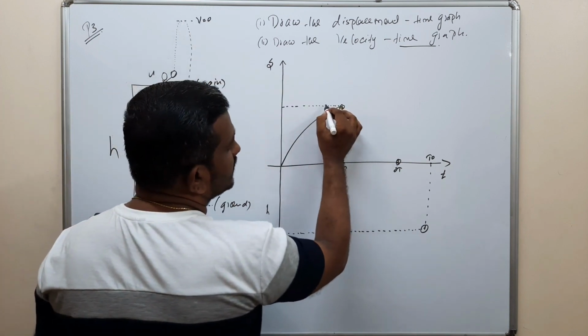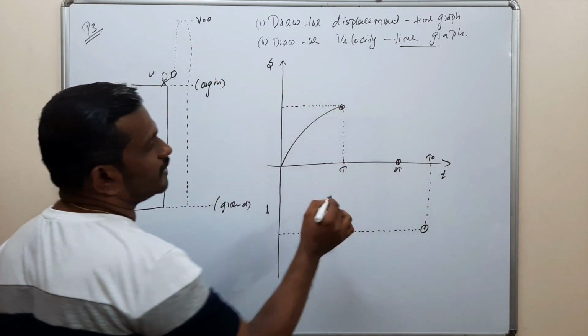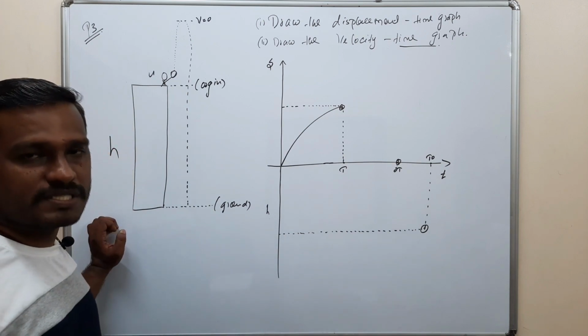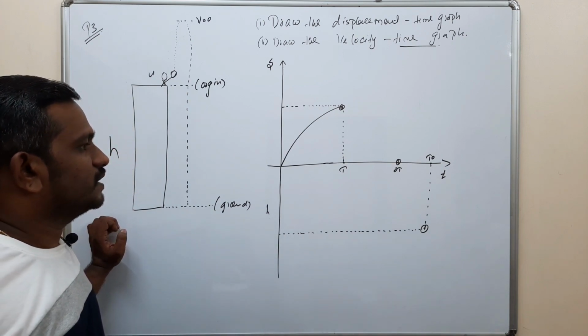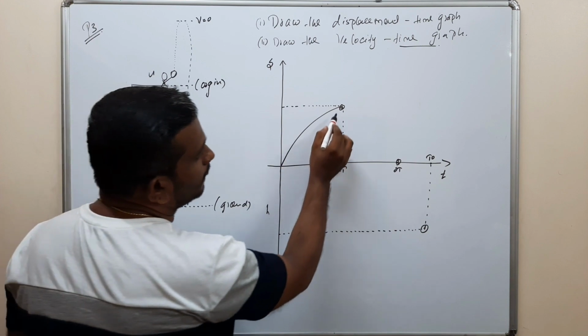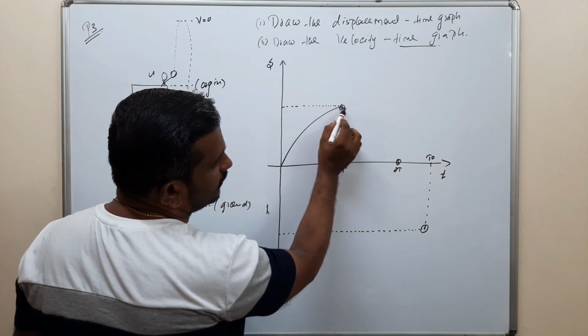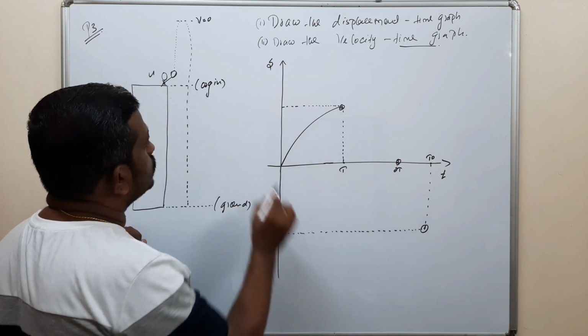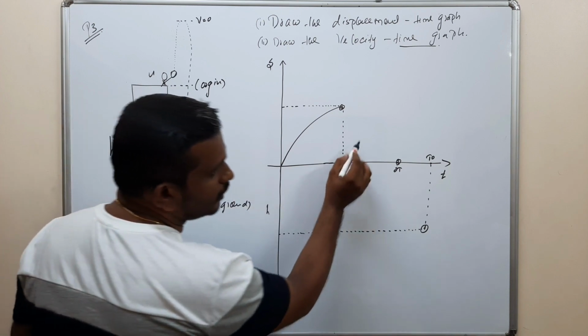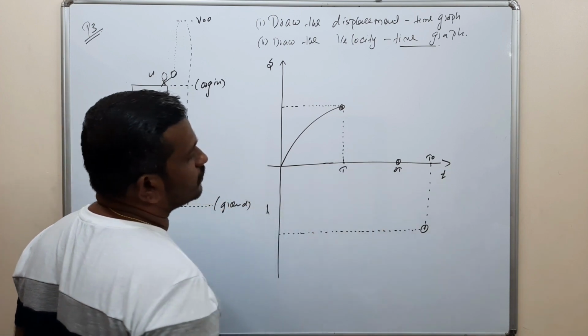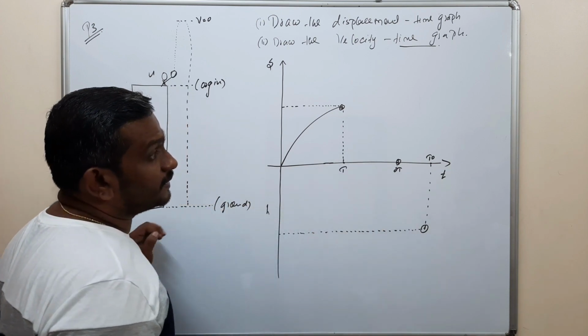When you draw the tangent at this position, it is horizontal to the time axis, so the velocity is 0. After that, the velocity is negative and it increases.